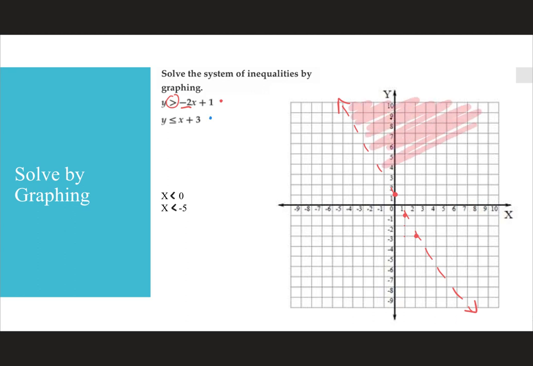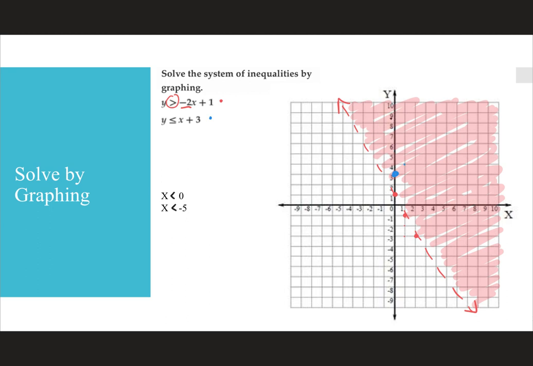By the way, if you have colored pencils or crayons, now is the time to bring them out. All right, there's my shading. My solution set for my red graph is right there. Now for the blue graph. I'm going to graph at +3, and this has a slope of 1.